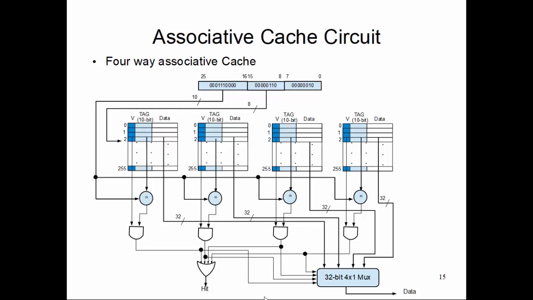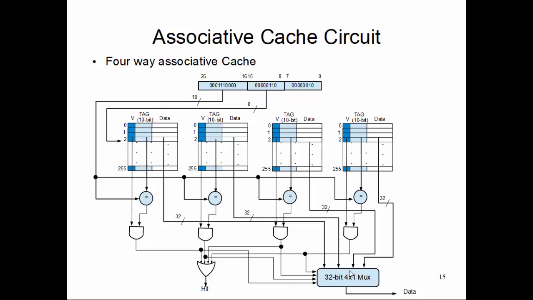And then what about the data? Data would be coming back from the 4 sources here, and it will be a 32-bit 4x1 multiplexer, and you pick up one of them. Whatever is matched, that line will be selecting your multiplexer.